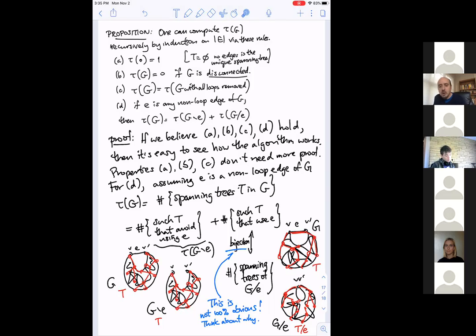And you should really think about why it is that if this was a spanning tree, this one will be a spanning tree. And if this one is a spanning tree, why is this one a spanning tree? Okay, so there's a little bit of thinking to do.